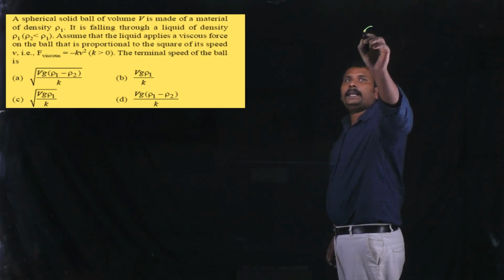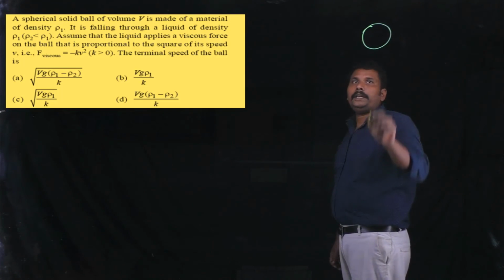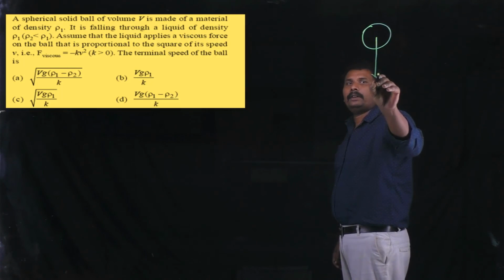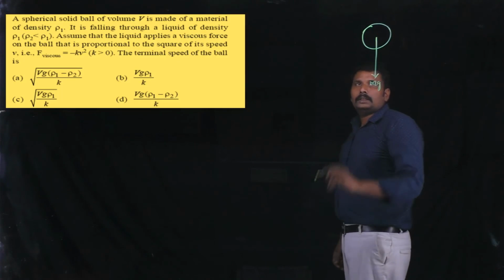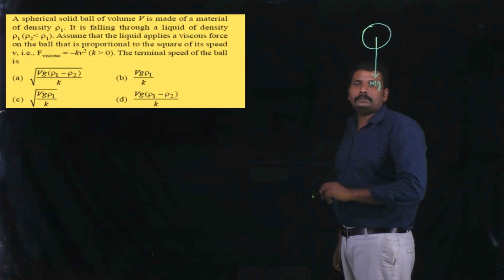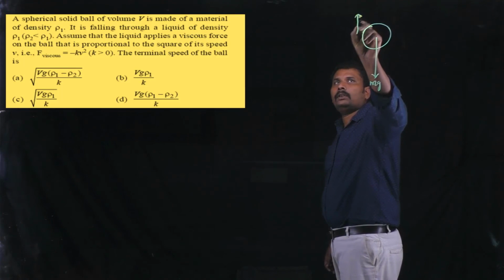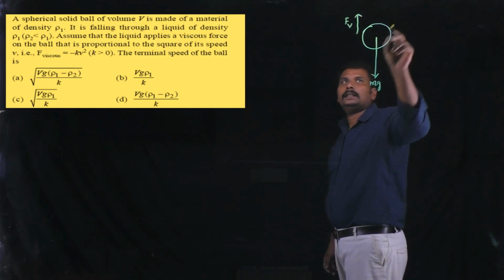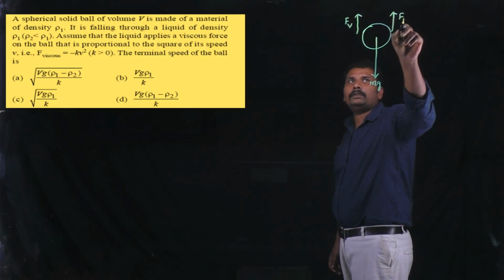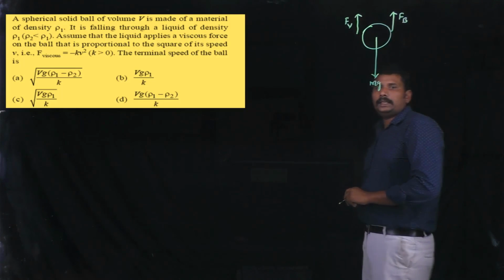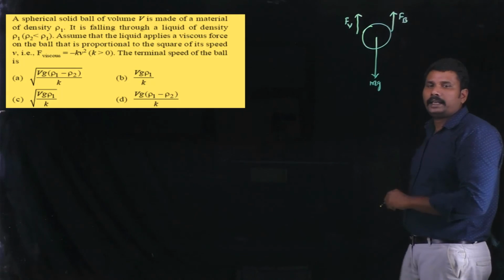Here a spherical ball flows through a fluid, its weight acting vertically downwards. If any object flows through a fluid, there is a viscous drag force acting in the upward direction. At the same time, as the spherical ball falls through the fluid, there is an upthrust force, which is nothing but the buoyancy force, also acting in the upward direction.